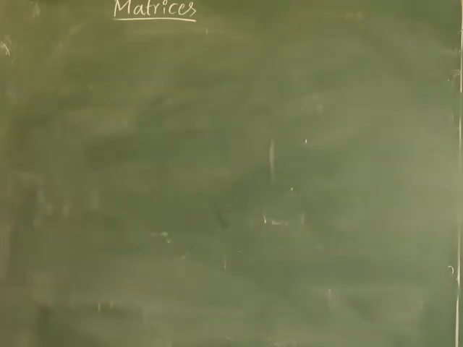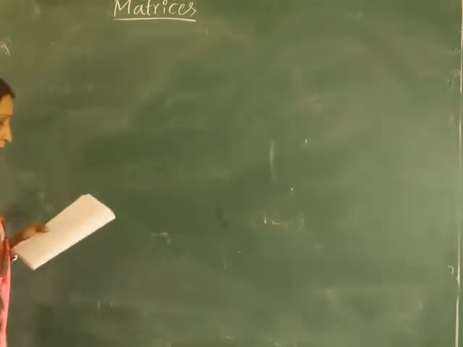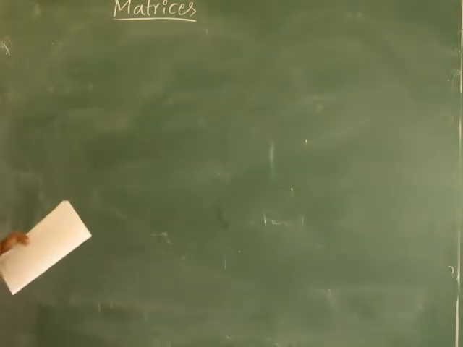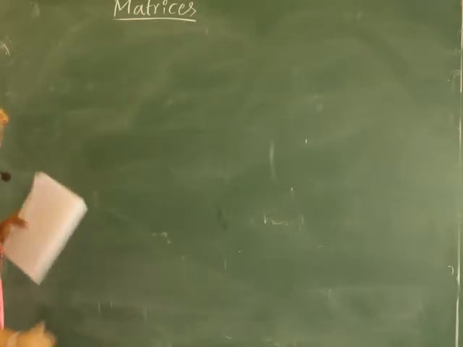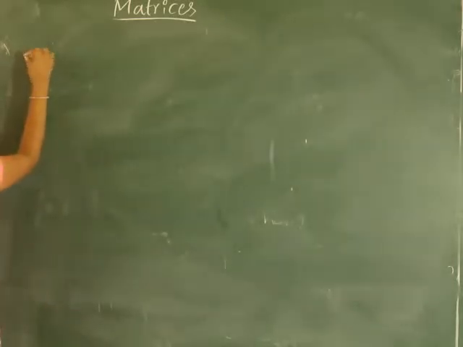Next question. Now we have calculated the orders. Next, we have to construct a matrix when the elements aij are given.